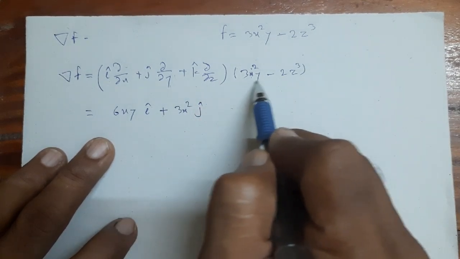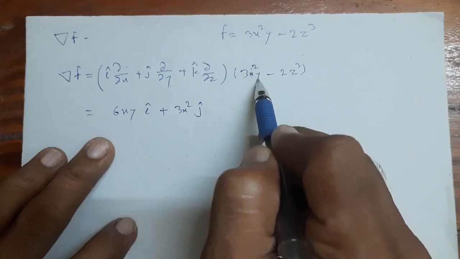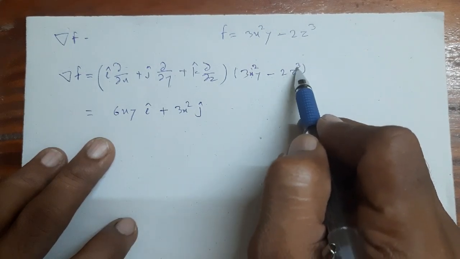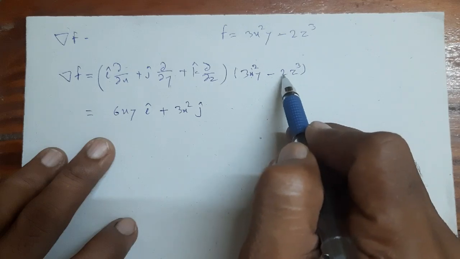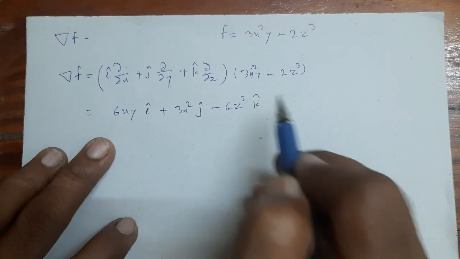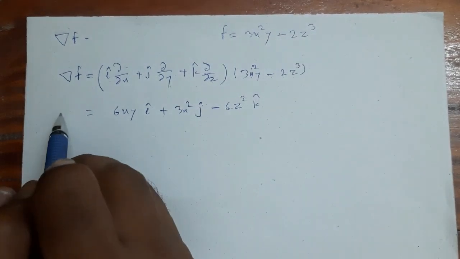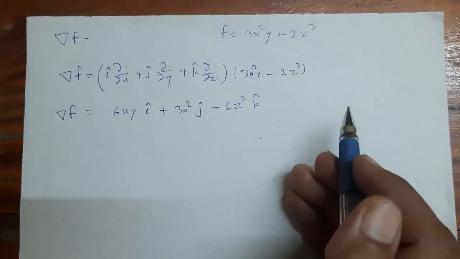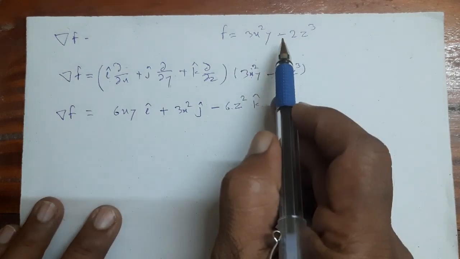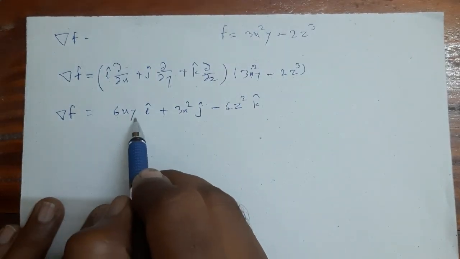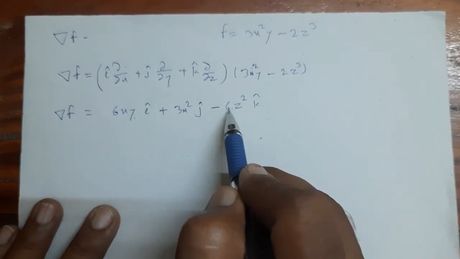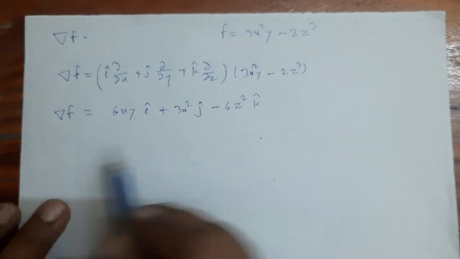Here the derivative of the first part 3x square y with respect to z is 0, and the derivative of minus 2z cube with respect to z is minus 6z square. Therefore it is minus 6z square, and that is k cap. Therefore it is very simple, and we can conclude that the gradient of function f is 6xy i cap plus 3x square j cap minus 6z square k cap.